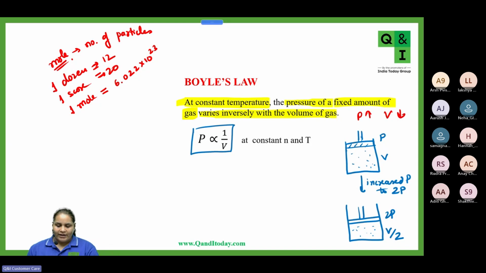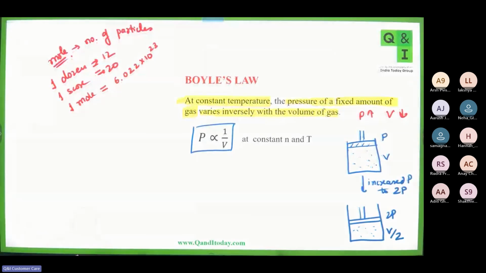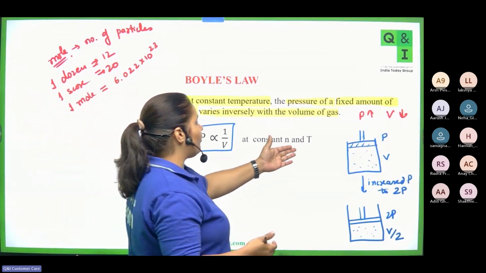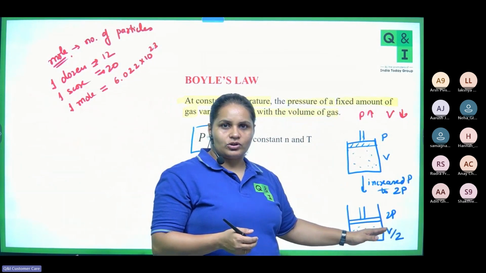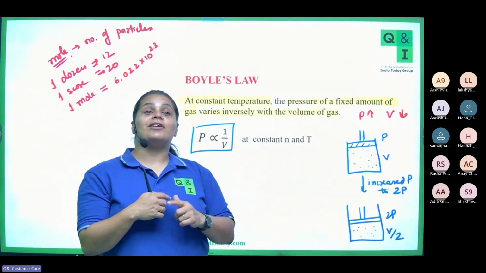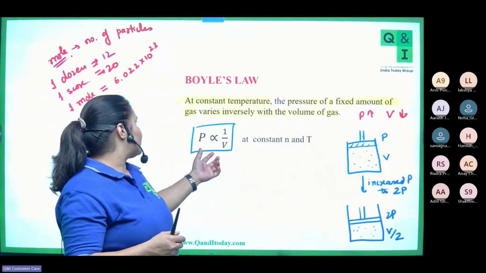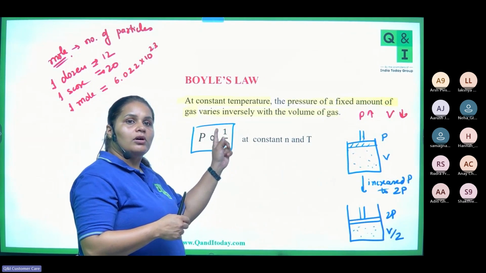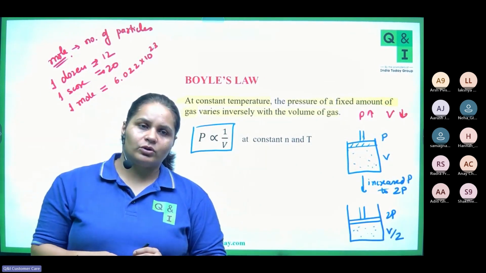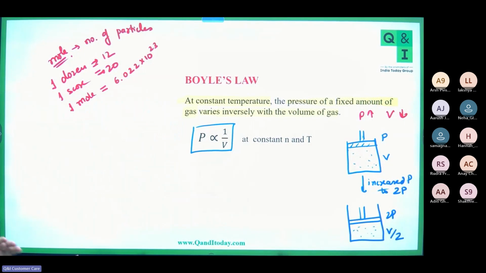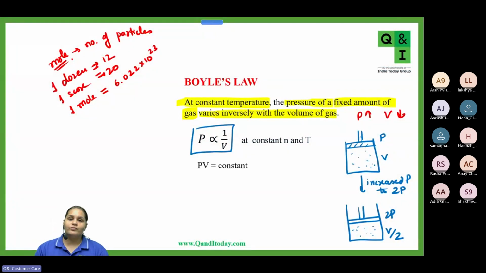Whenever I have to show that something is inversely proportional, it means that when you increase something, the other thing is decreasing. Like the pressure and volume, they are inversely proportional. When you increase the pressure, volume will decrease. So this is written like this, that P is proportional to 1 by V. Fine. So now when I remove this sign, I have to put some constant there, right? You will study all these things.